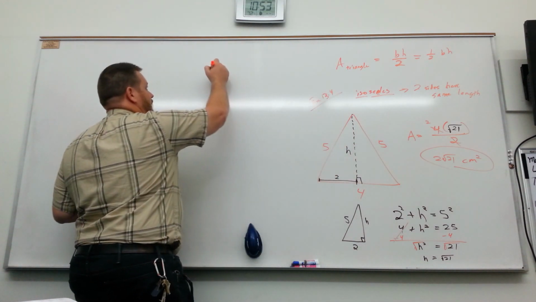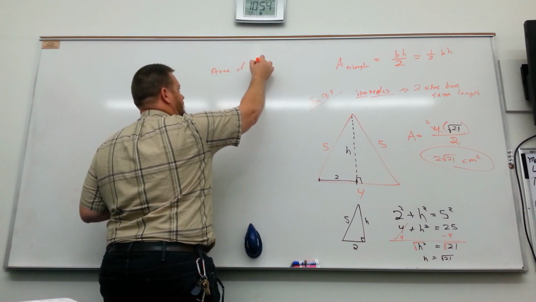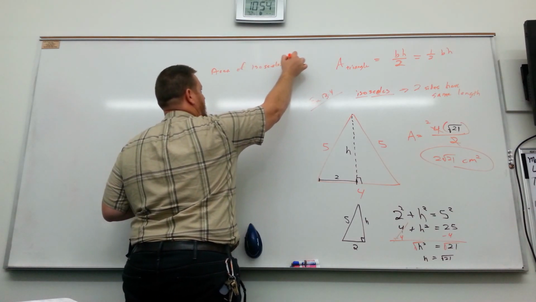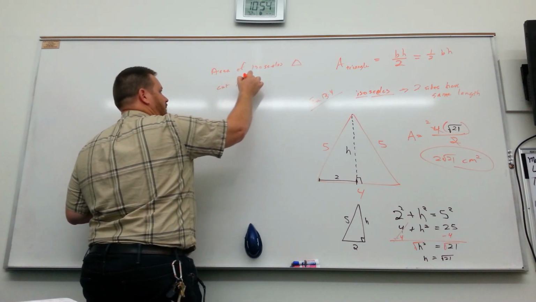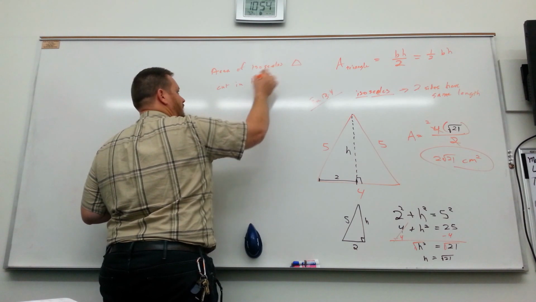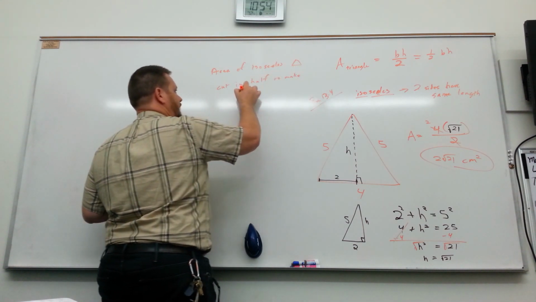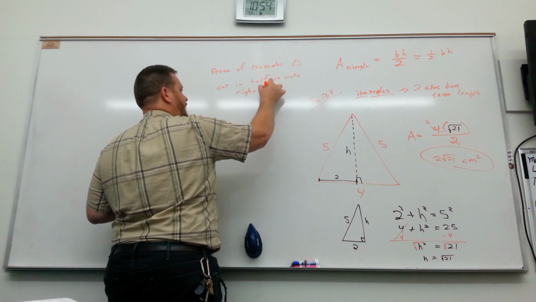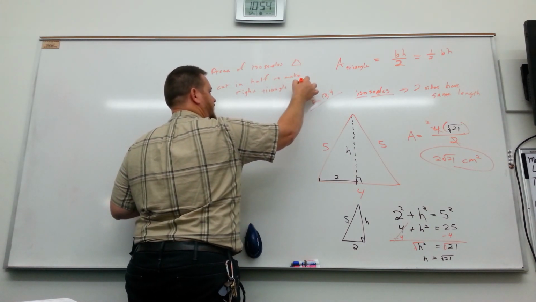So for a recap, to find the area of an isosceles triangle, you need to cut it in half to make a right triangle. It looks like this.